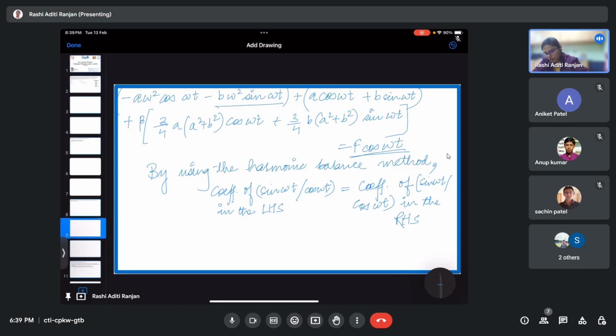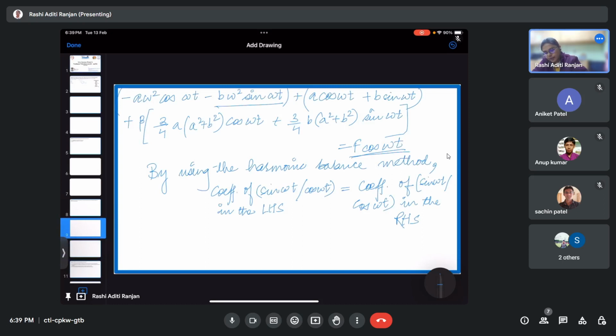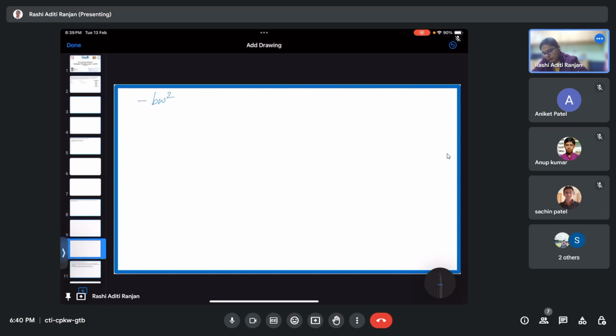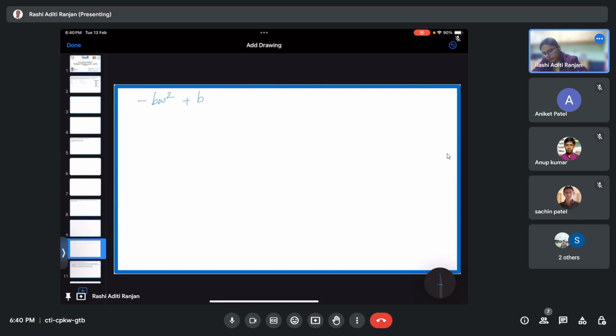So we have this minus of b omega square. Then we have here plus b. Then we have here plus 3 by 4 beta into b a square plus b square is equals to 0.